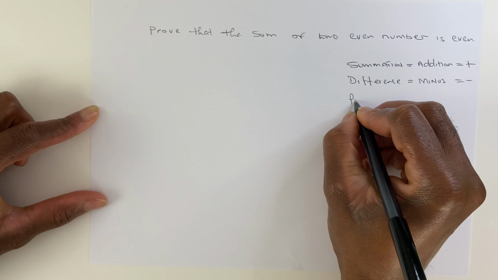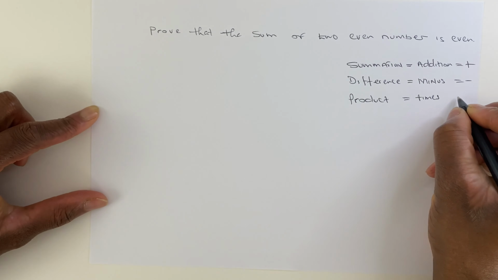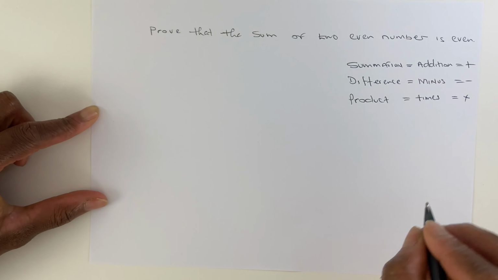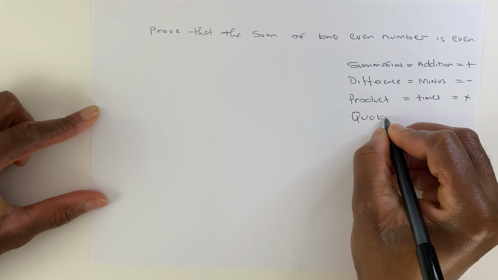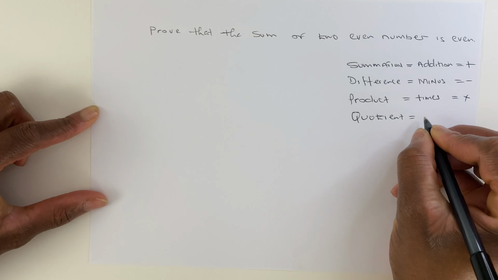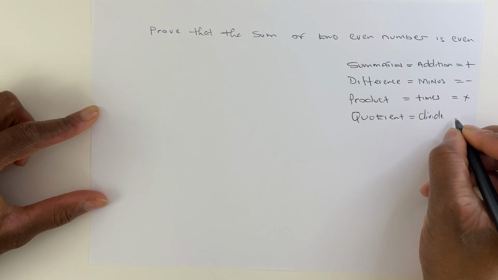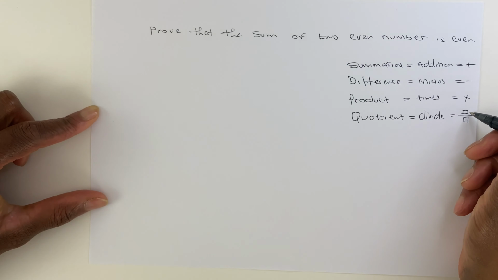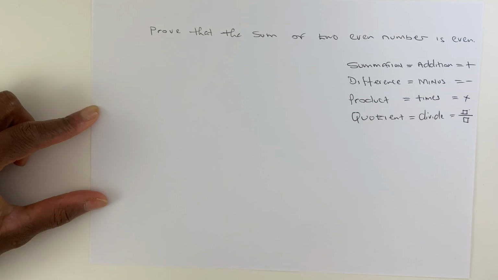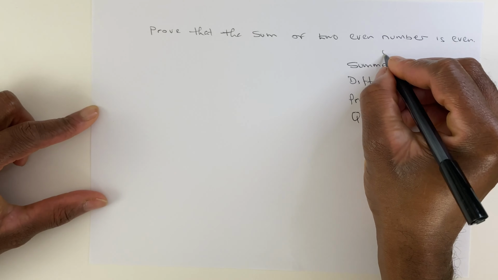And product is times, which is multiplication. And quotient is divide, so you've got the numerator and denominator. So quotient is divide. So these are the operators that we need to remember.